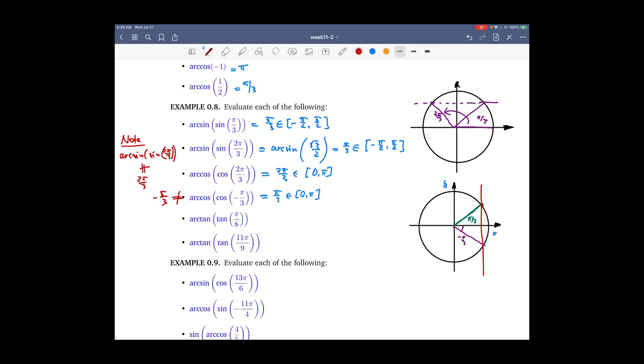All right, what about arctangent of pi over 8? Well, that's simply pi over 8. There's no problem here because pi over 8 lies in the desired interval, negative pi over 2, pi over 2.